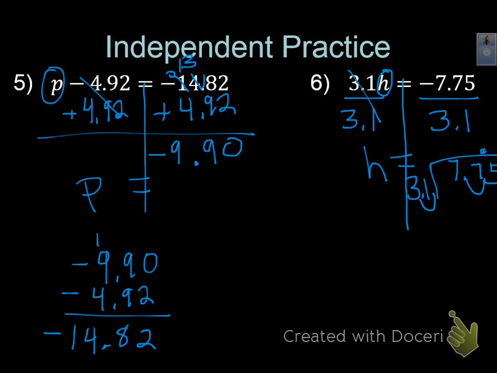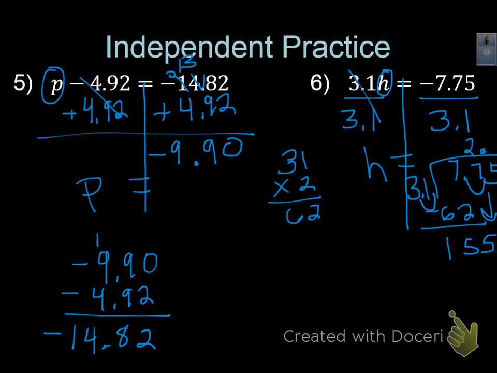31 into 7 does not work, but 31 into 77 will. 31 times 2 will give me 62. When I subtract, that leaves me with 15. Bring down the 5.